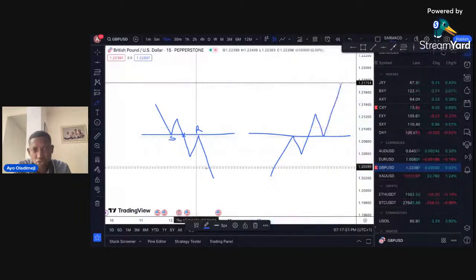So we say here, this is a resistance, and it turned into a support here. Do you get that? Why? Because price broke through that resistance level.